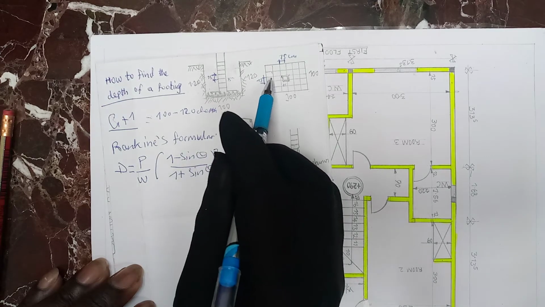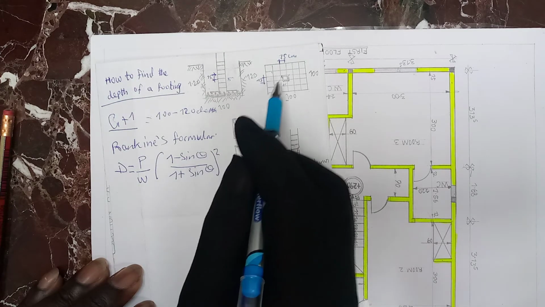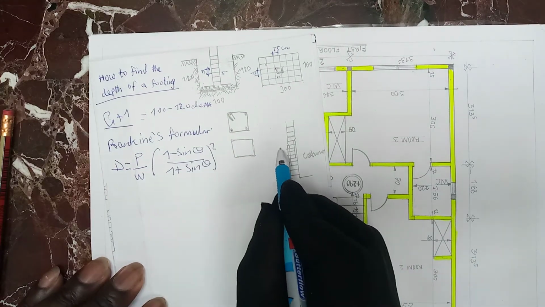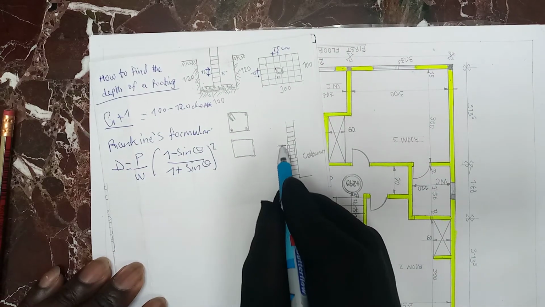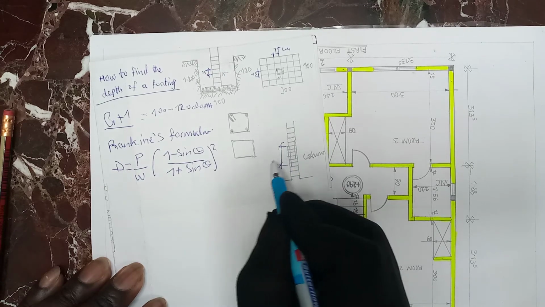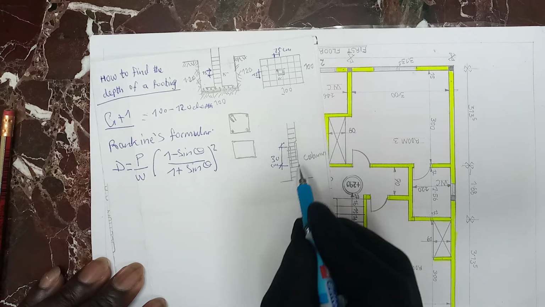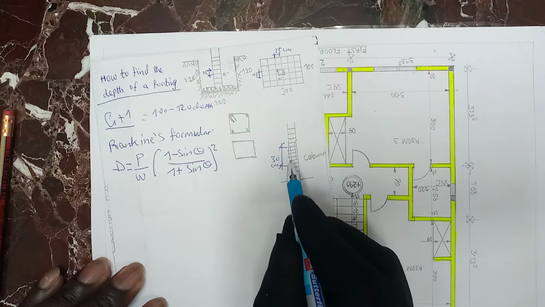And this is the overlap, which should be at least 30 centimeters, to join the iron.